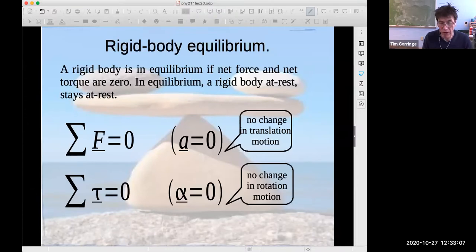And if it's at rest, it will stay at rest. So that's rigid body equilibrium. This kind of Zen meditation collection of rocks is in equilibrium. Those rocks are experiencing forces and torques, but the sum of the forces and torques on those rocks is zero, and they are in equilibrium. They're at rest, they're staying at rest.